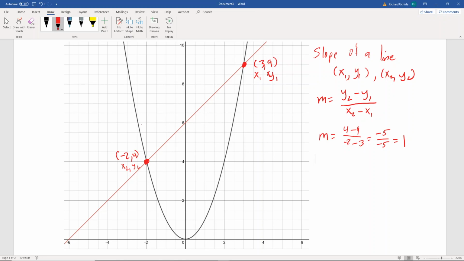And that will be, as you'll see when you talk about the average rate of change in other videos, the average rate of change of the function from x equals -2 to x equals 3. Now, another thing that sometimes instructors would want you to do is to find the equation of that line. So remember, one way to find the equation of a line is to use what is called the point-slope form of the equation of a line.